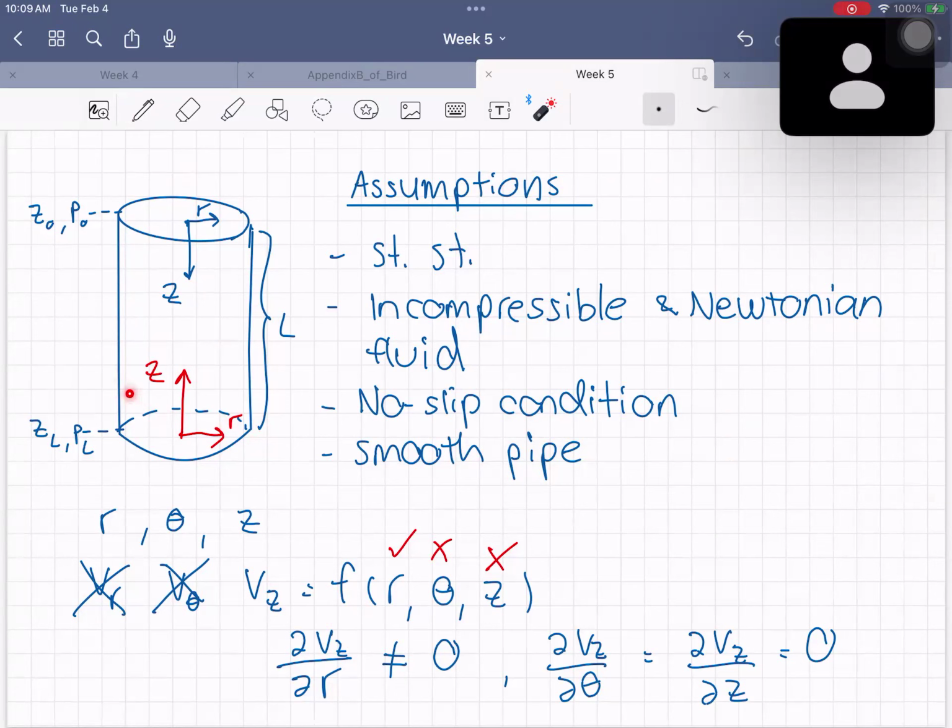So in this case, if I define the coordinates at the bottom of the pipe like this, it means that at Z equal to 0, P will be equal to PL, right? And at Z equal to L, P will be equal to P0. It will switch, okay?